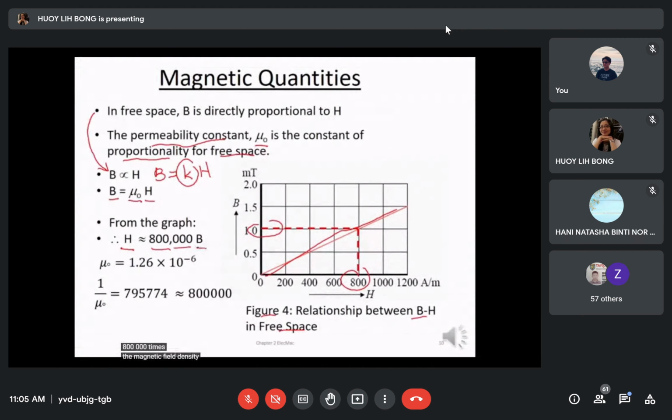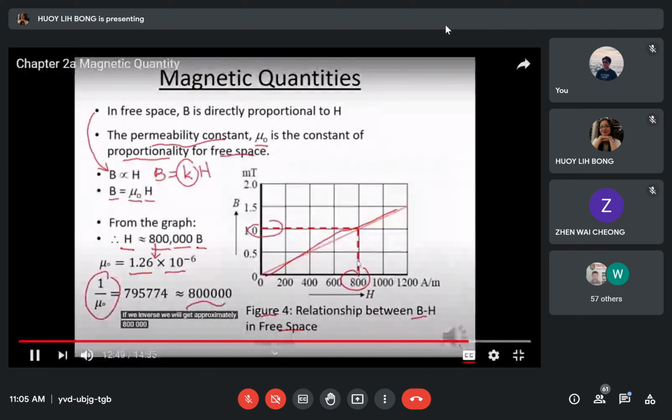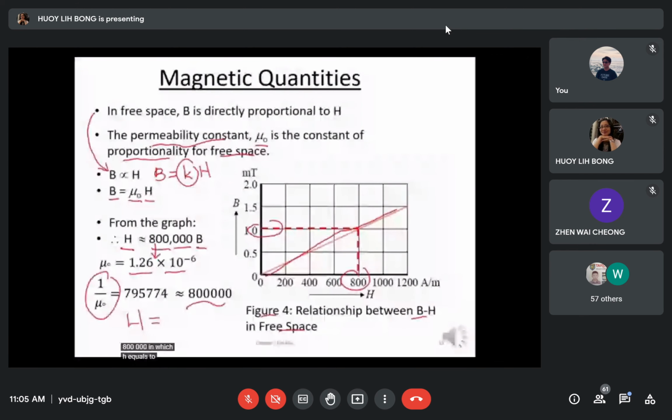The 800,000 is taken from where mu naught is 1.26 times 10 to the power of negative 6. If we invert, we get approximately 800,000, in which H equals 1 over mu naught times B.